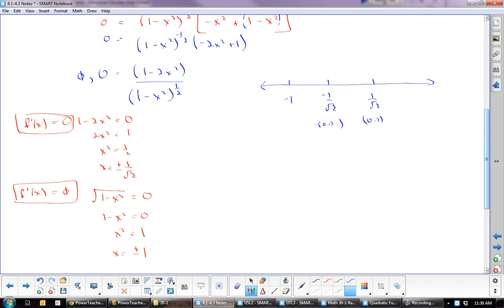And then 1. Now, when we do these graphs, we're always going to do something before we start, and that's find the domain. The reason you want to find the domain is because sometimes it saves you time at this step.